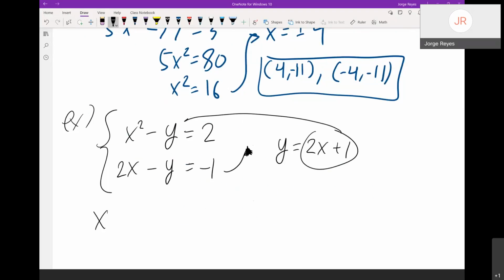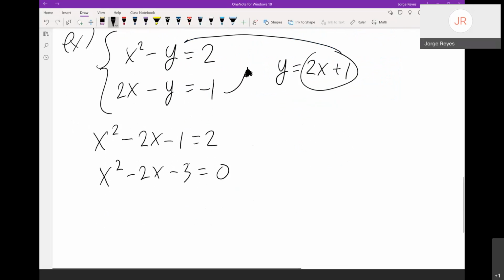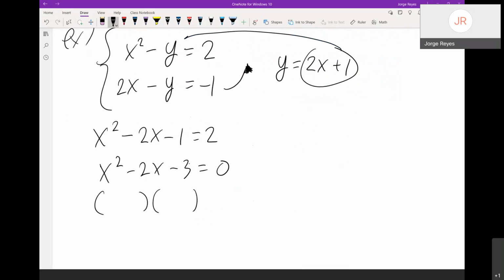x squared minus 2x minus 1 equals 2. x squared minus 2x minus 3 equals 0. Does this factor? Yes, it does. x equals 3, negative 1.